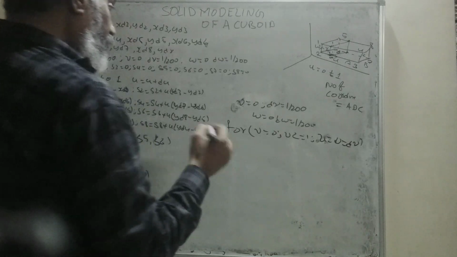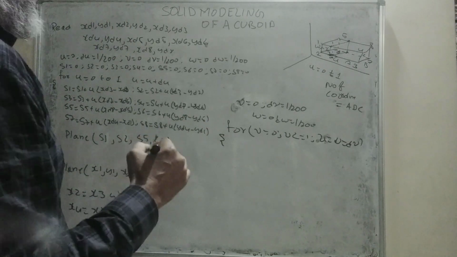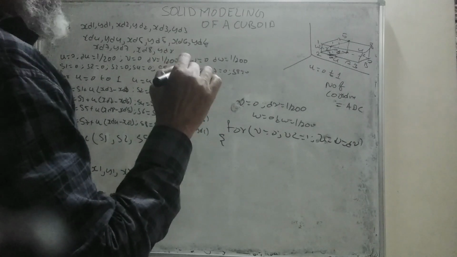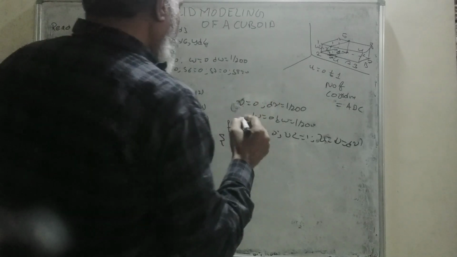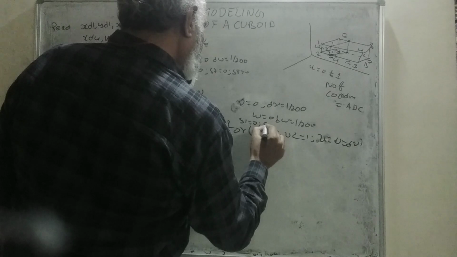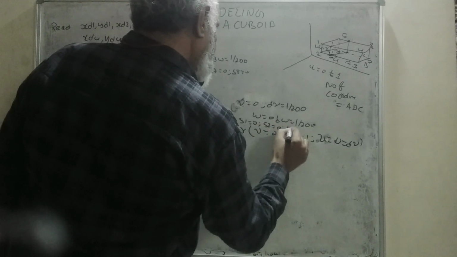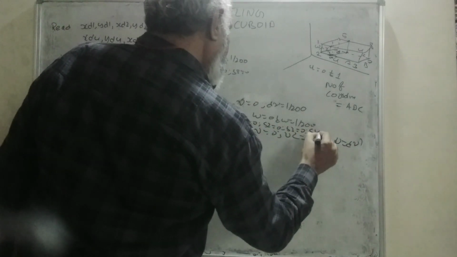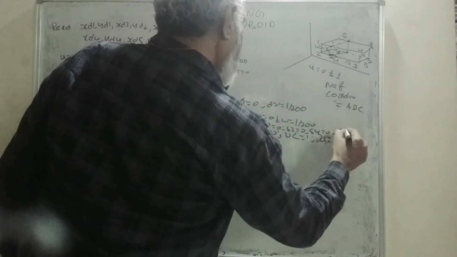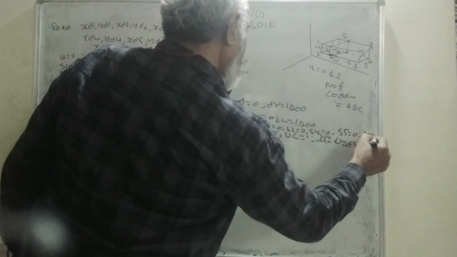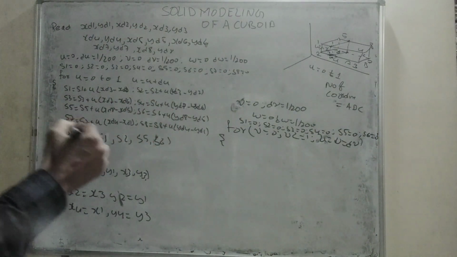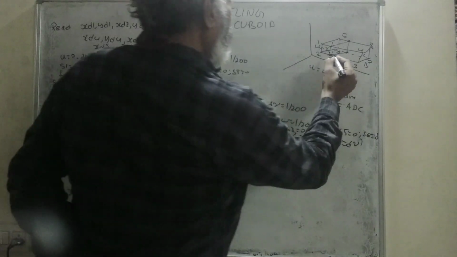And here you are trying to get four values. So S1 is equal to 0, S2 is equal to 0, S3 is equal to 0, S4 is equal to 0, and again two points for each point. S5 is equal to 0, S6 is equal to 0. So now you are trying to get the value of two points at each one.